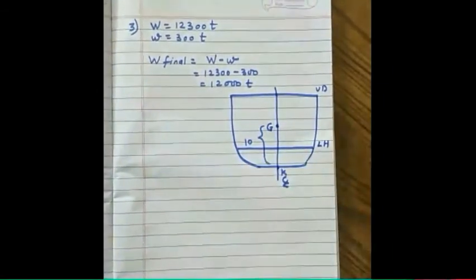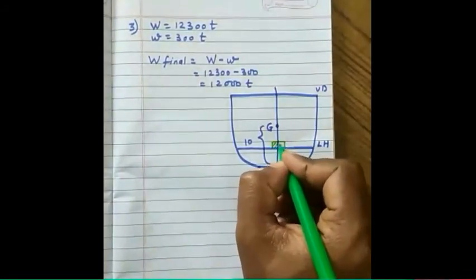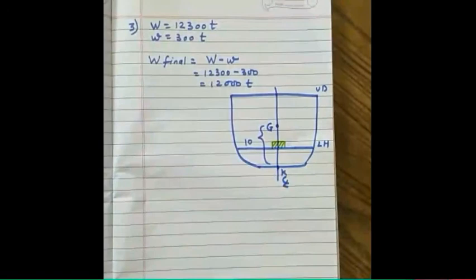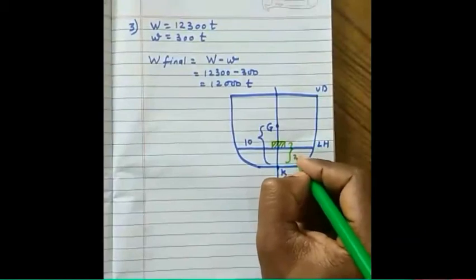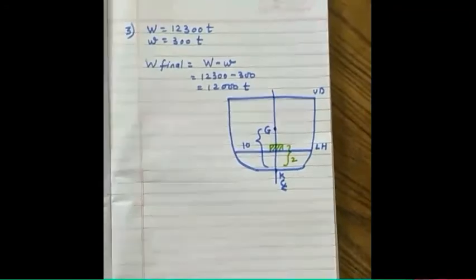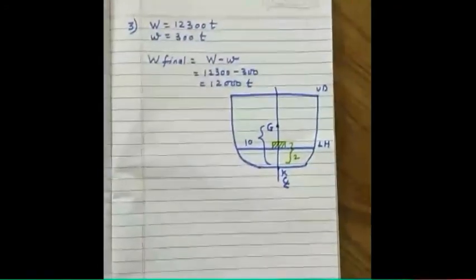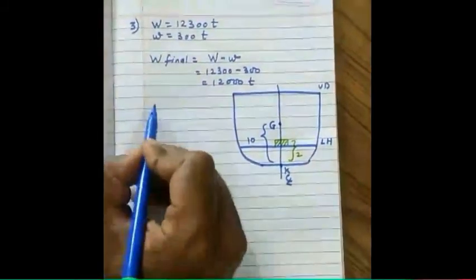And what is the question? 300 tons of cargo is discharged from the lower hold. So there was a 300 tons of cargo which is discharged from the lower hold, and this one is given as 2 meters. Next thing I'll find the distance.